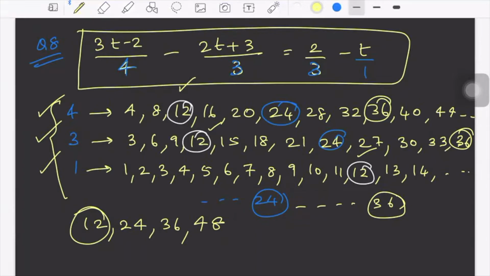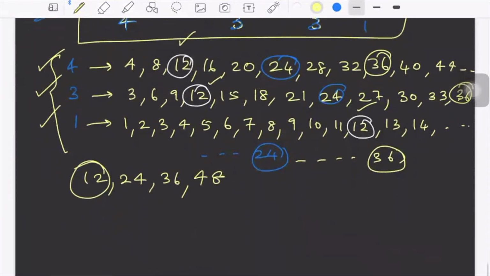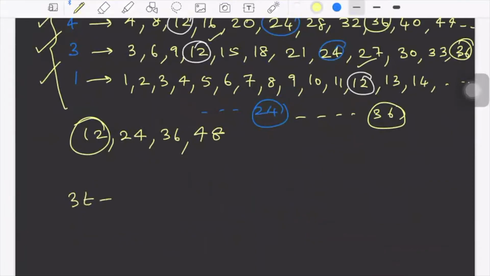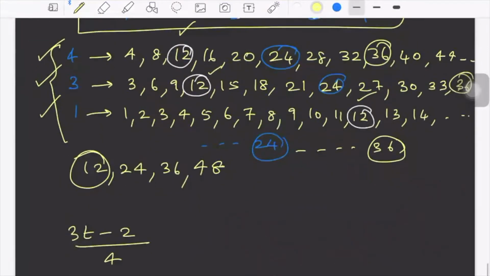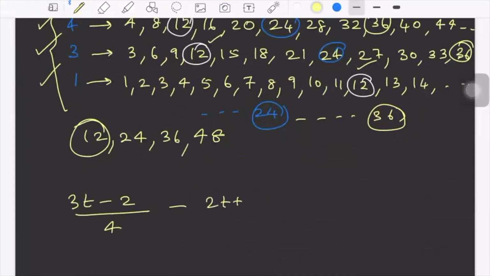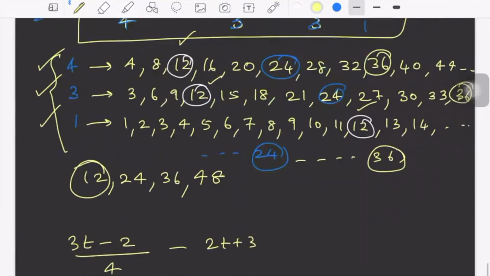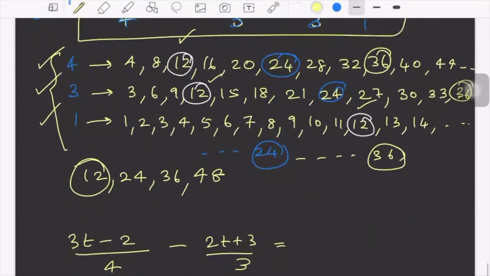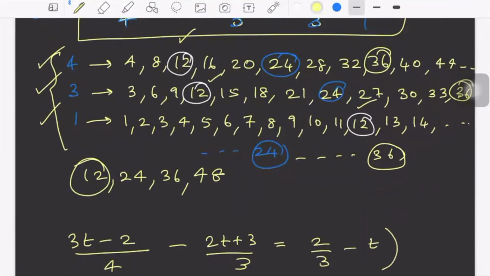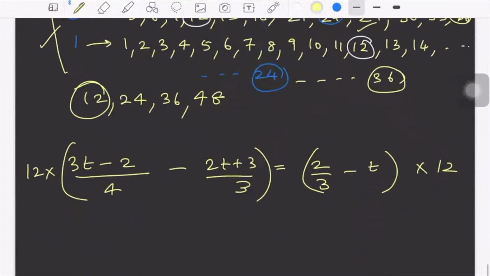Okay, cool. So you multiply the entire expression with 12 on both sides. Let's see what happens now.